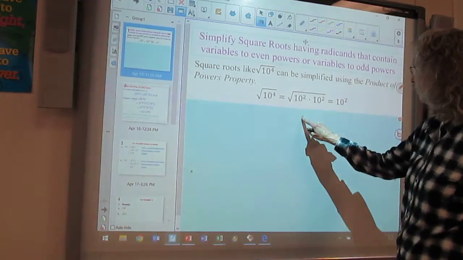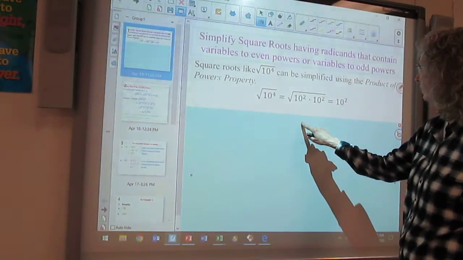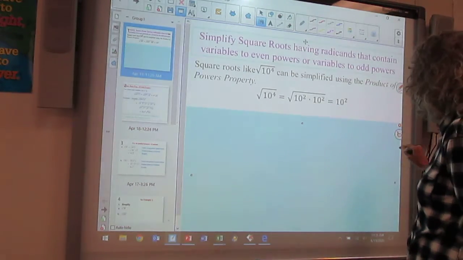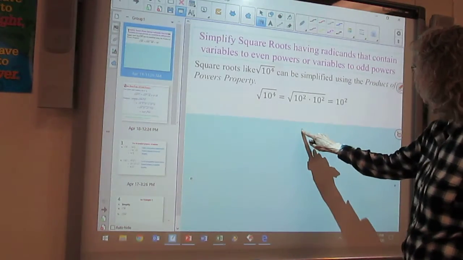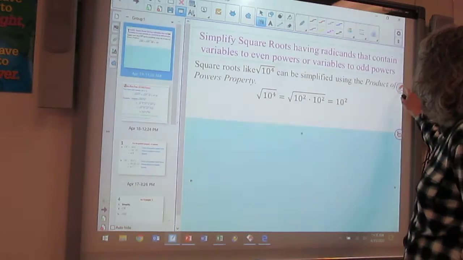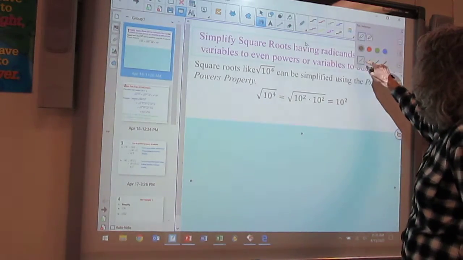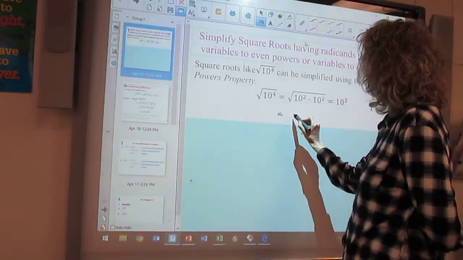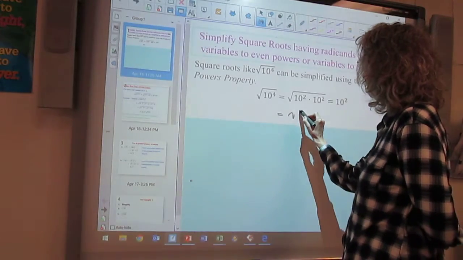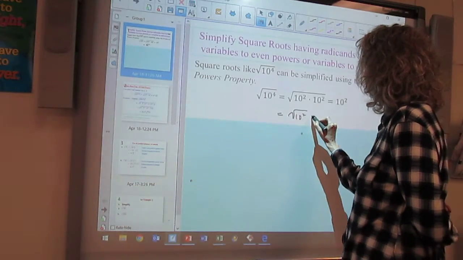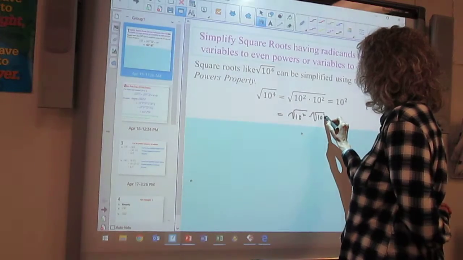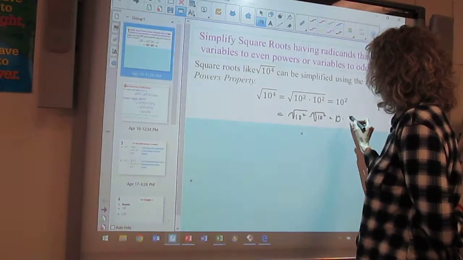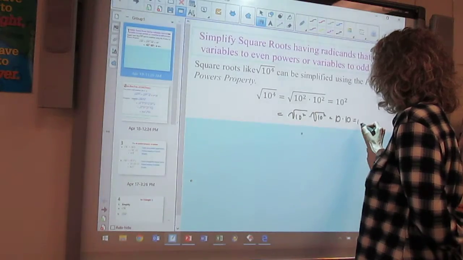And the square root of 10 squared times 10 squared is 10 squared. I'm going to show you two intermediate steps here, two ways that you could have done this. You can think of this as the square root of 10 squared times the square root of 10 squared, which of course the square root of 10 squared is 10, and that equals 10 squared.